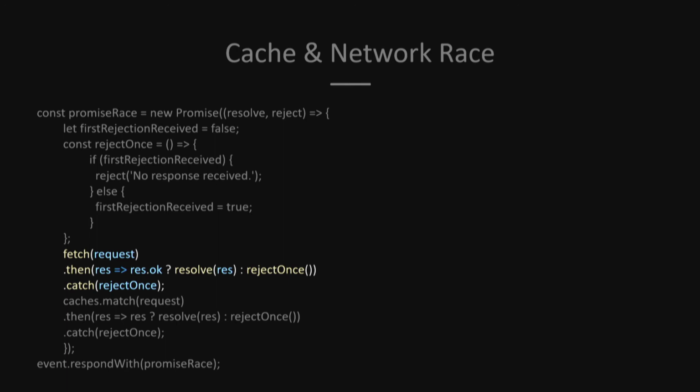Another strategy is cache network race. Well, it seems a little bit silly. Cache is in my device, and definitely it's faster, right? But it turns out that it's not. Sometimes, in older devices, reading and writing data from disk is slower than reading from network.